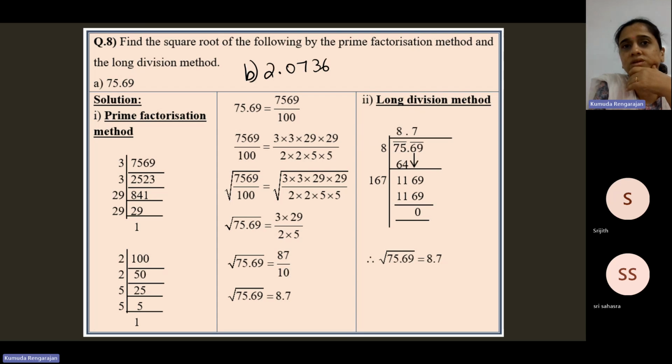Found the square root using the prime factorization method. Got to finish.